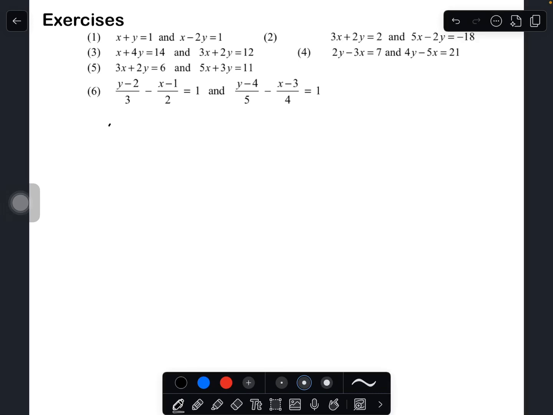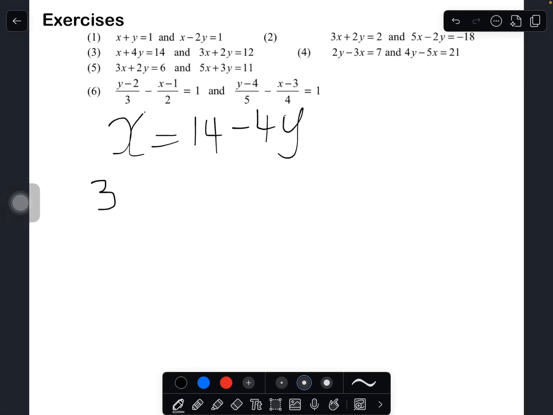I could also do where the coefficient of y is 1. But in this case, we're going to have x as the one where the coefficient is 1. So I'll rewrite this as x equals 14 minus 4y. Okay, I'll then substitute this into the next formula.